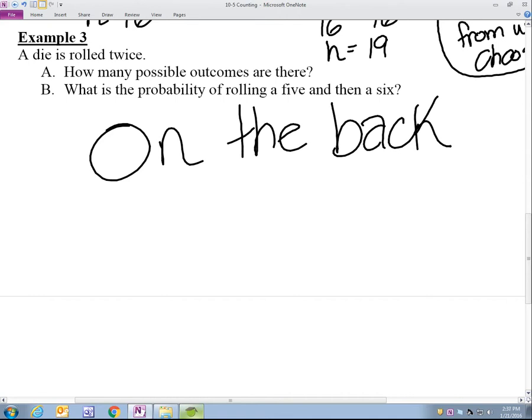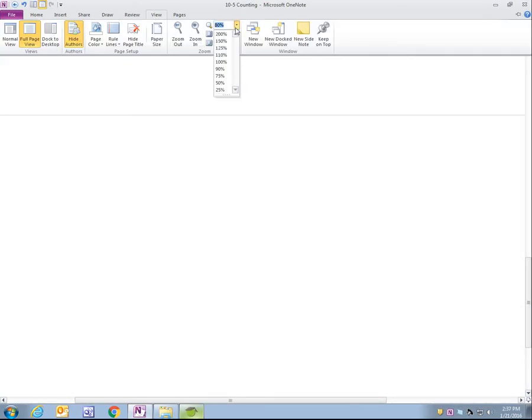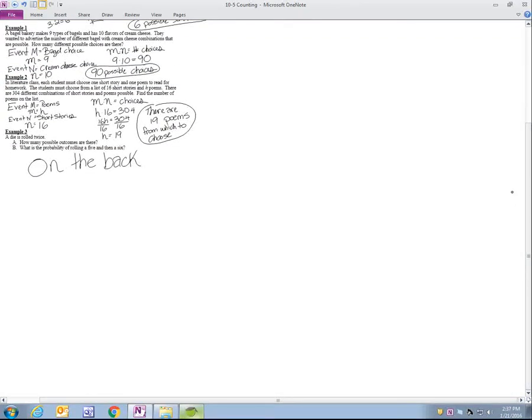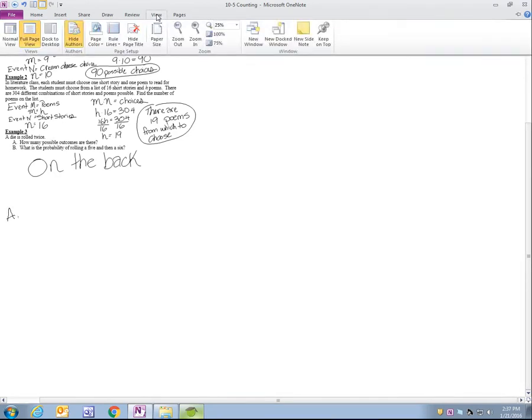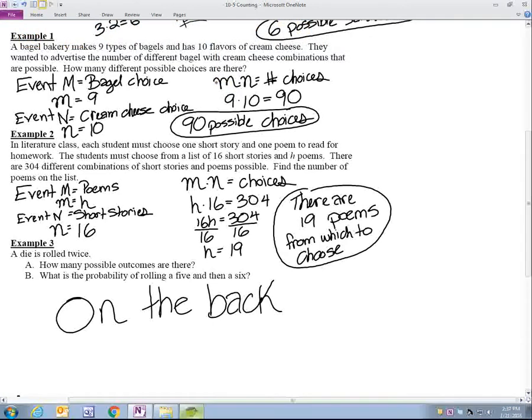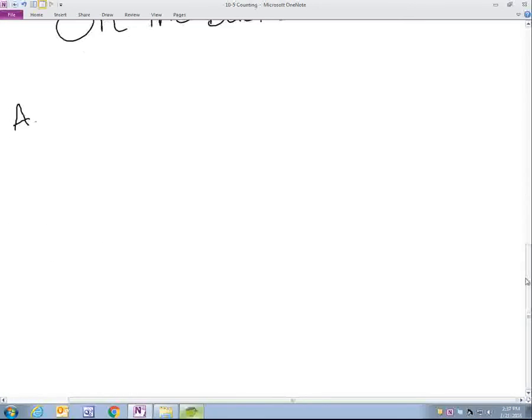So we are going to do this on the back, and I'm going to zoom out a bit. So I'm going to do A. So here's A. I'm going to create a tree diagram, because on the homework you have to create a couple tree diagrams.